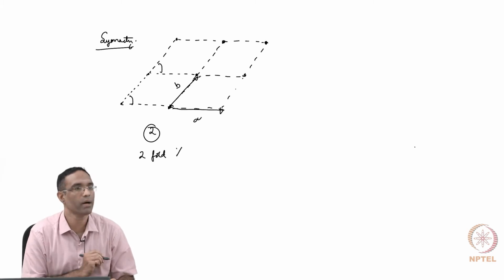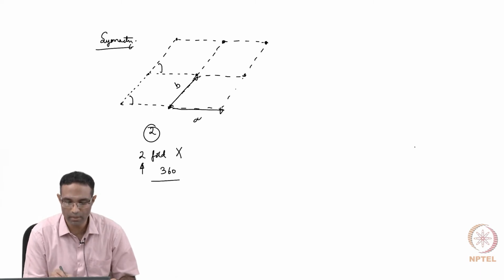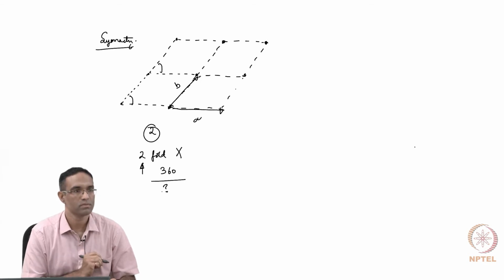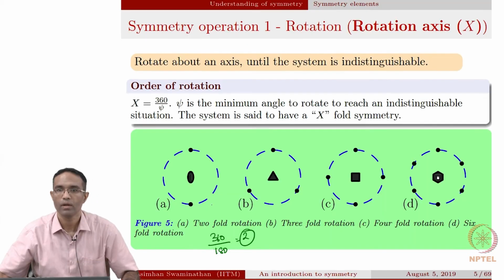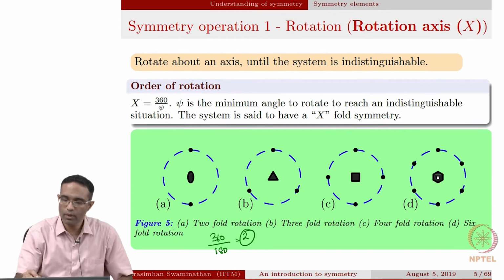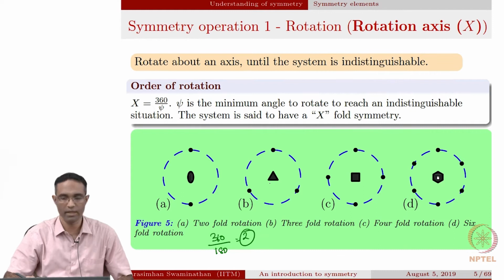We will represent it by the symbol 2. This twofold 2 represents 360 divided by what will give you the 2. So it's 180. If I rotate it by 180 degrees, I get that twofold symmetry. The next one that we will look at is a lattice that is possessing a threefold symmetry.